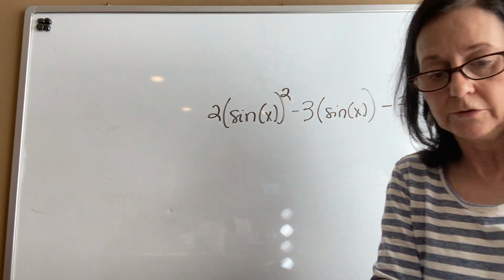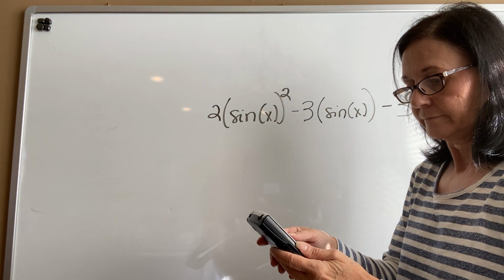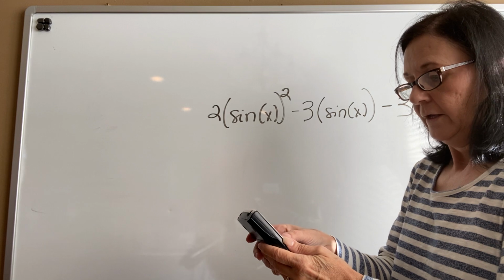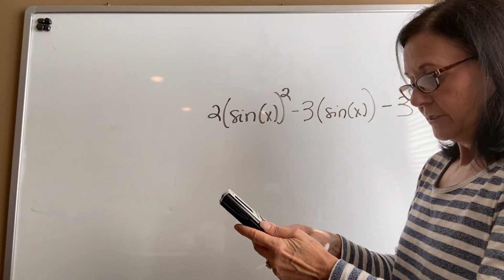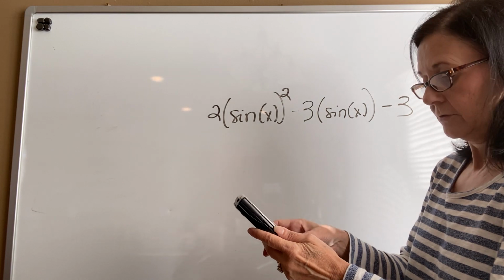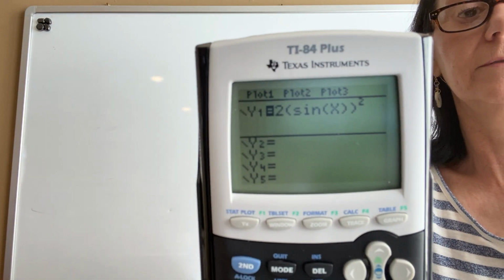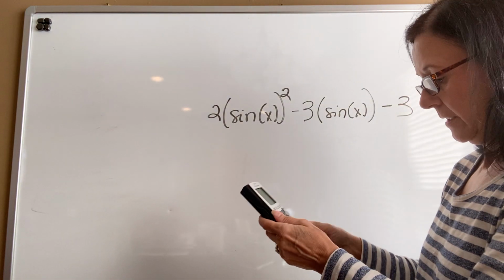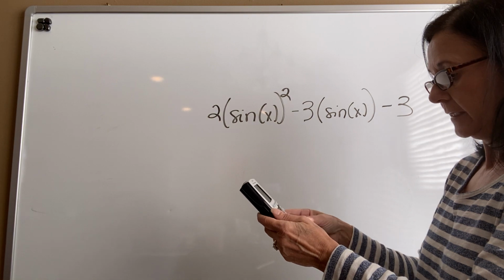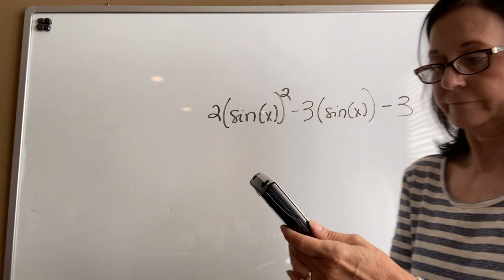I've changed my mode to degrees. I'm going to y sub 1. I've got to go make sure. Yeah, it's in degree. All right, so it's 2, open parentheses, sine x, close, close, squared. And so I put that first term in. Minus 3, open parentheses, sine x, close, close, minus 3.